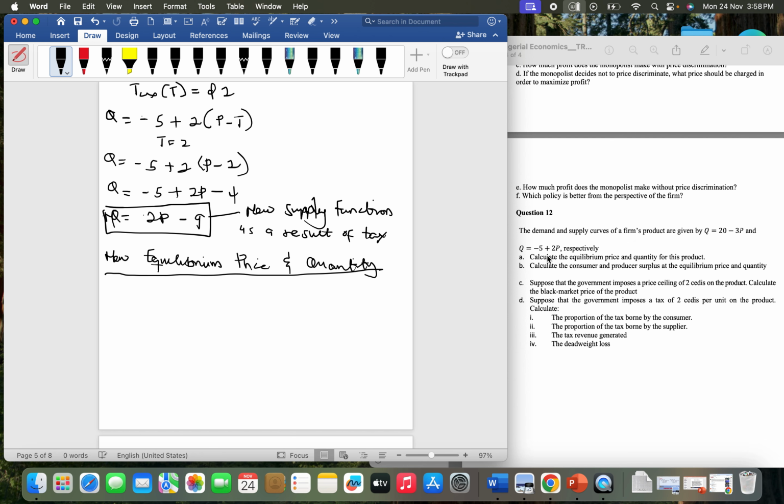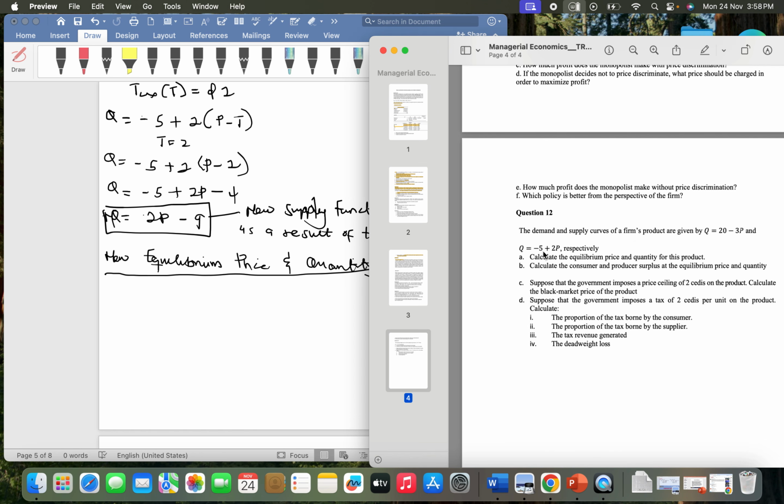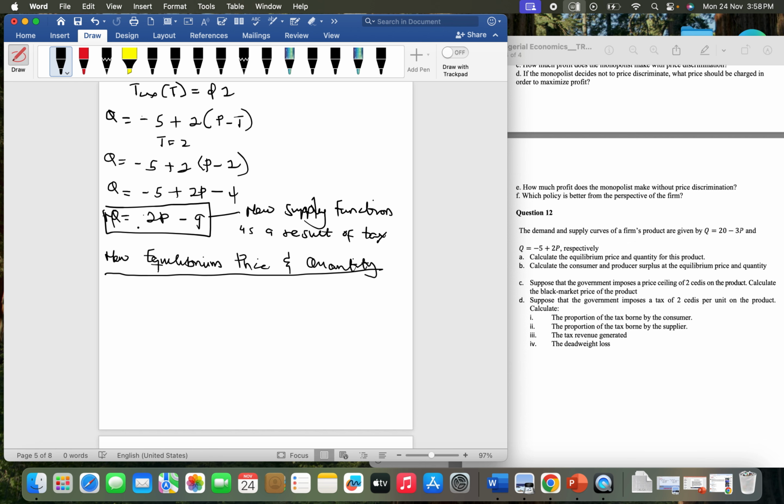The old one is Q equals minus 5 plus 2P, but the new supply function as a result of tax is 2P minus 9. So our new Q supplied is equal to the old demand. The new supply is 2P minus 9. The old demand in the question was 20 minus 3P.